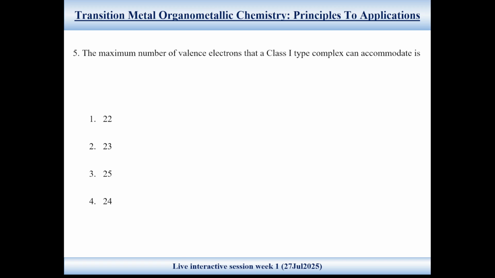Now that extra 4 electrons can go in the antibonding sites of the d orbital. We will see the metal orbitals in the next lecture, that is the MO diagram.